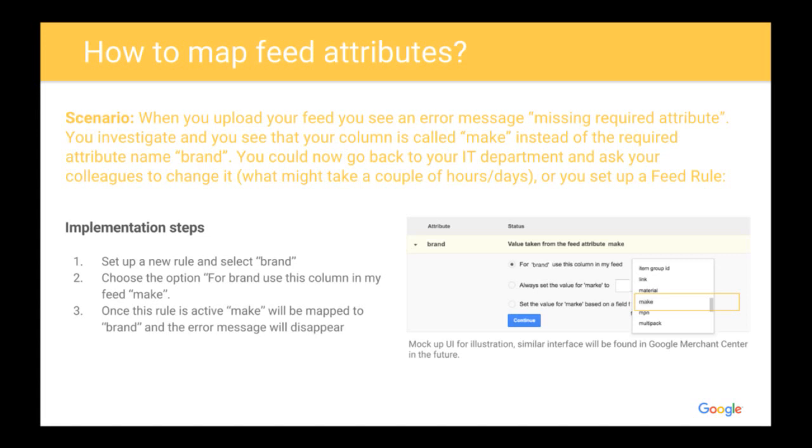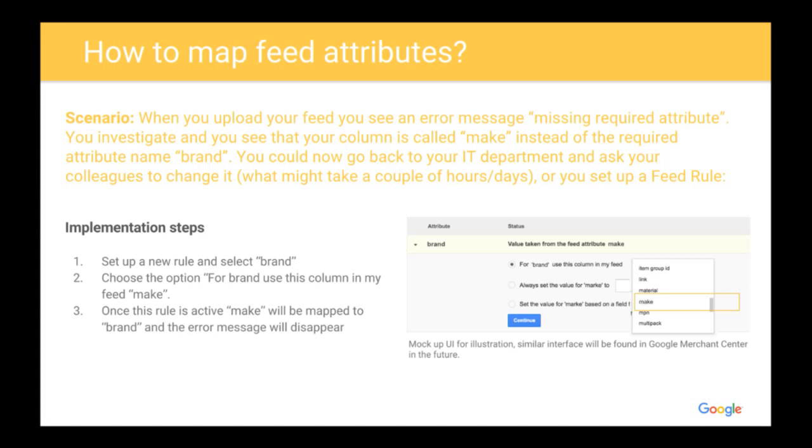So for instance, you upload your feed and you get the error message in the diagnostics tab Casper mentioned before, and you see that we're missing an attribute, and that attribute is required. It's the brand one. But you know in your feed you have the brand, but you just have the column called make.